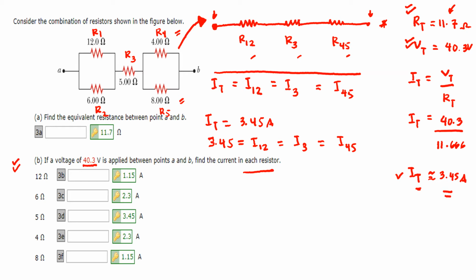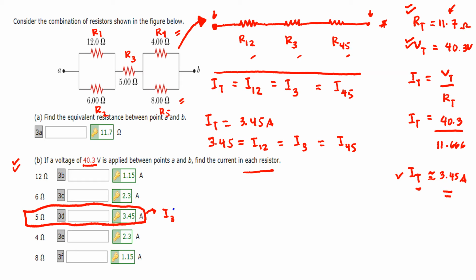That is the reason why if we look at the 5 ohm resistor, which is resistor 3, this is the current through resistor 3, and that's equal to 3.45.